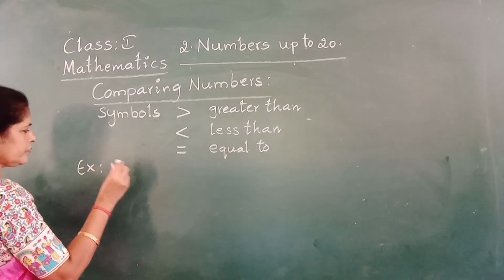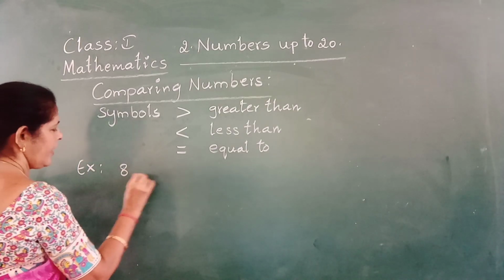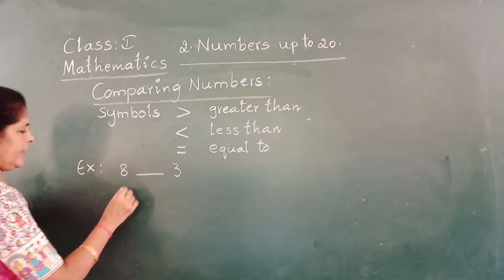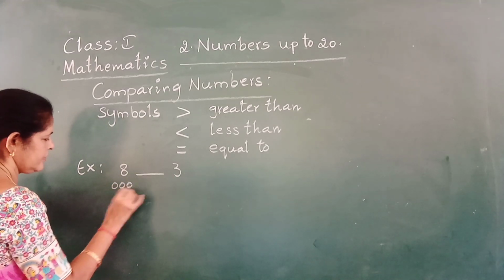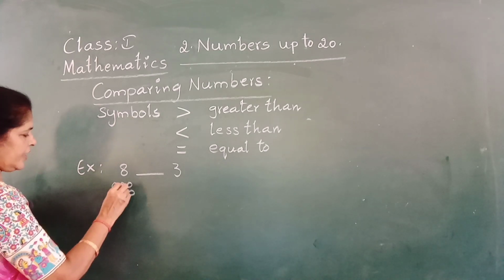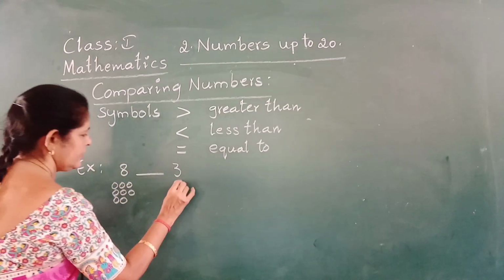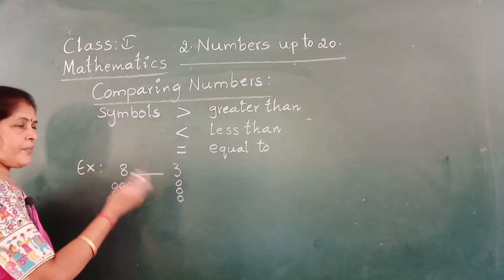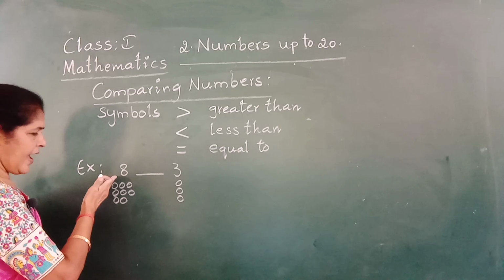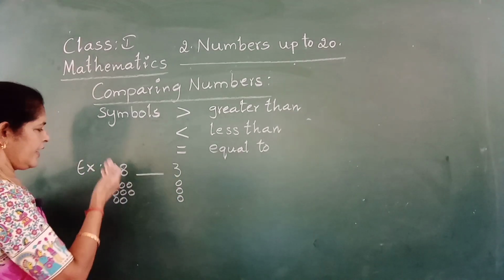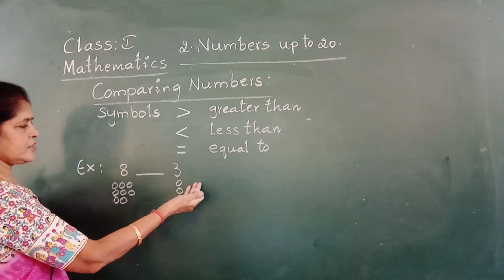Example: given numbers are 8 and 3. 8 means like this: 1, 2, 3, 4, 5, 6, 7, 8. 3 means only like this: 1, 2, 3. Which number has more? This number has more. That means 8 is big, 3 is small.